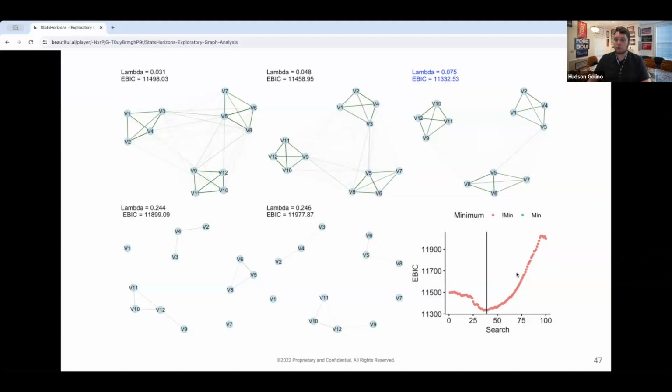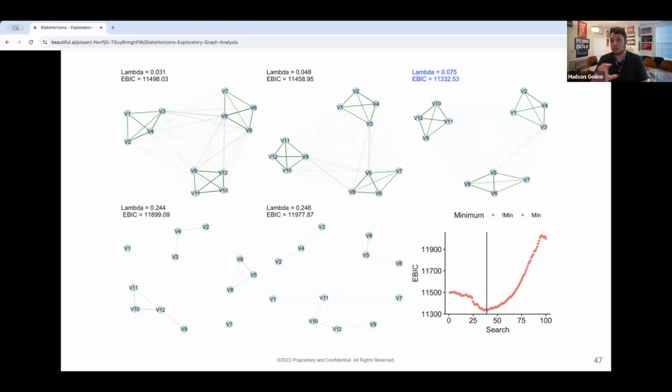If we do a search of 100 different values for lambda, or 100 different levels of sparsity of my network, I can try to find exactly the value of lambda, or the level of sparsity, that minimizes this information criteria. And that's my final network structure that gives rise to the Gaussian graphical model, which is basically a network.